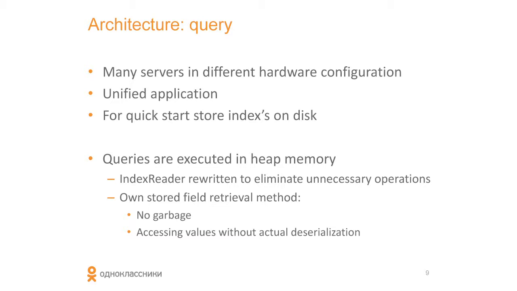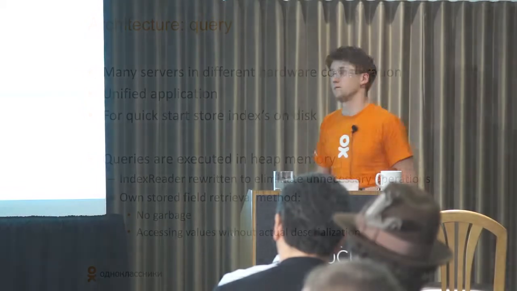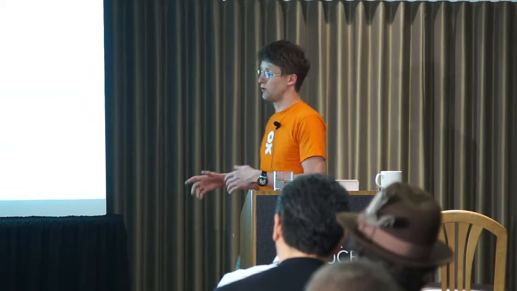But all these machines run a single application with a single version, differing only in the amount of heap provided to the JVM. When we deploy a machine with a new version, to be able to quickly return it to service, there is a snapshot of the index on the hard disk, because all the queries we serve are in memory.